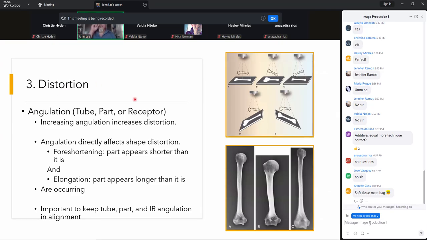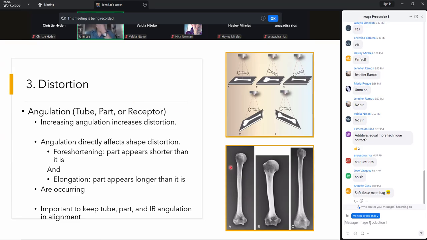The other type of distortion we get is shape distortion. A shape distortion is a result of an improper tube, part, image receptor alignment. Sometimes it's necessary. AP foot, right? A lot of skull work. But other times, especially with other long bones, we would prefer to not have any foreshortening or elongation.